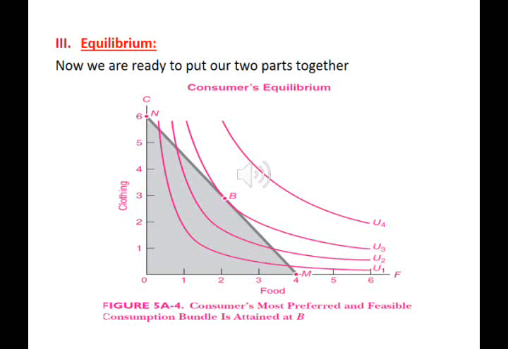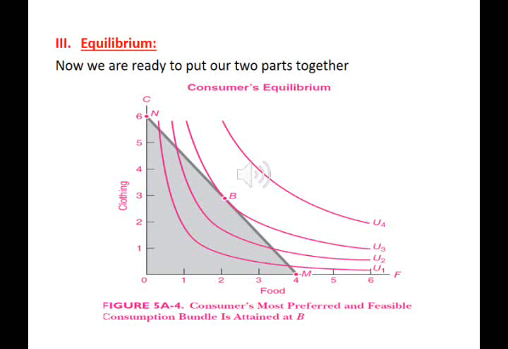As you can see, point B is tangent to the indifference curve. In other words, at point B, the indifference curve U3 is tangent to the budget line. What does tangency mean? Tangency means that the indifference curve at point B touches the budget line.